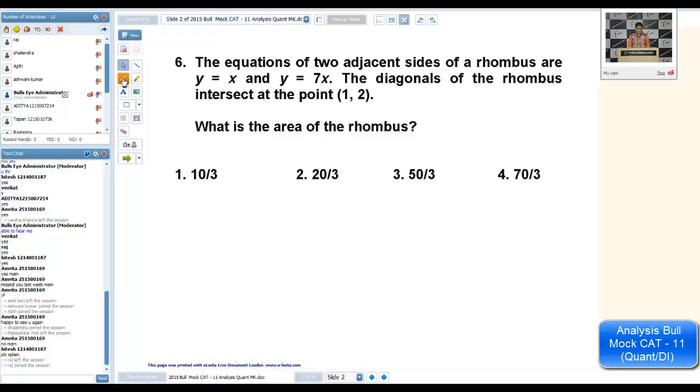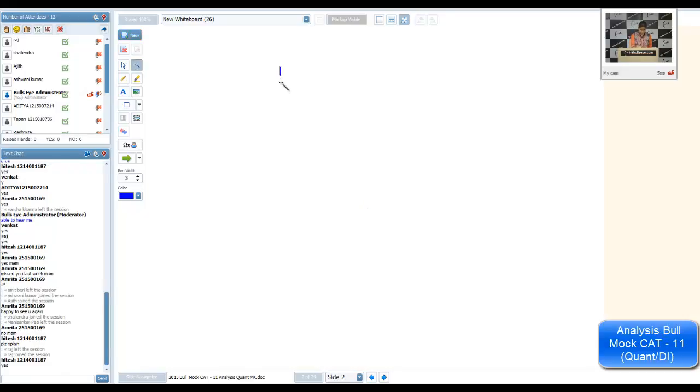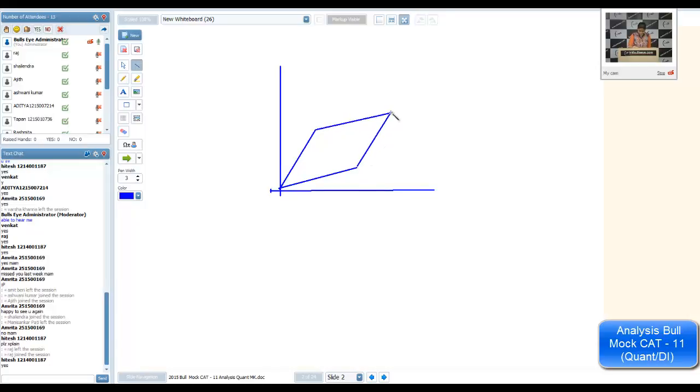So now let us start. See, what is the condition given? Are you getting me, Hitesh? Say this is y-axis. This is x-axis. So I am making a rough figure of this rhombus.